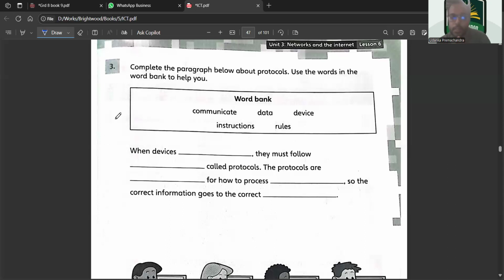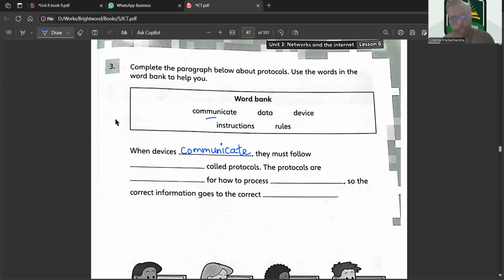Okay. So first of all, there should be communication between devices. So what should be the first blank? When devices communicate. The first one should be this one, no? There should be communication between devices.